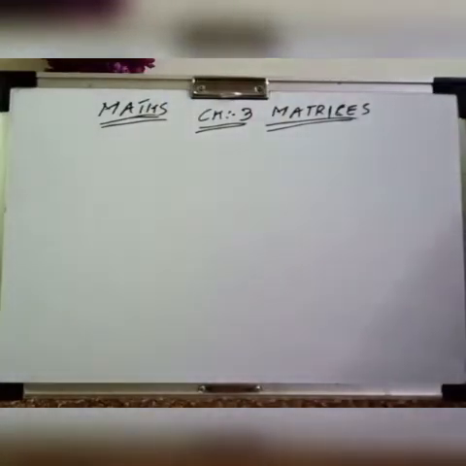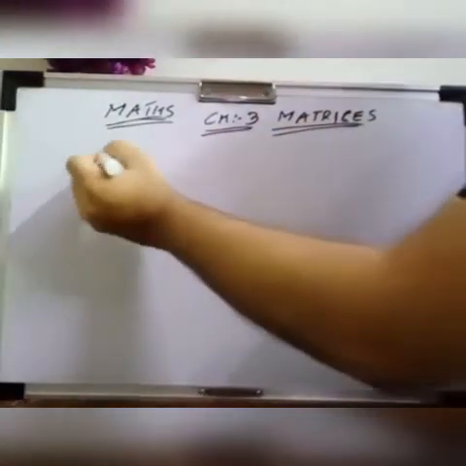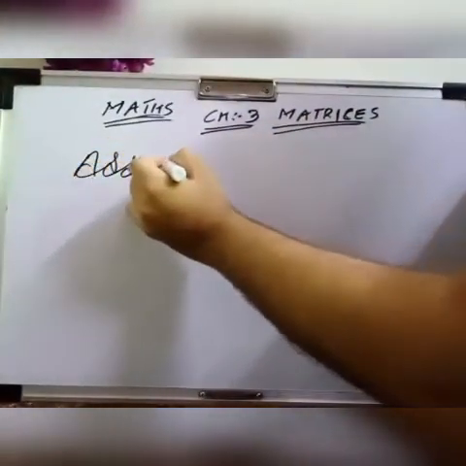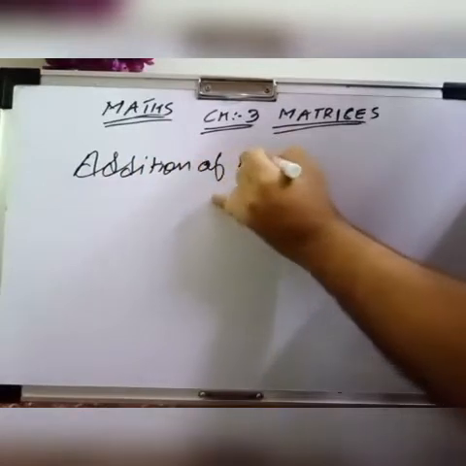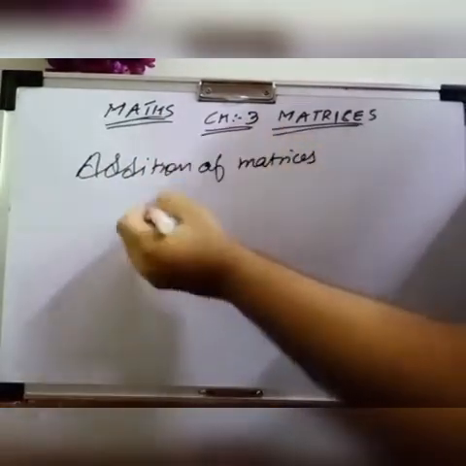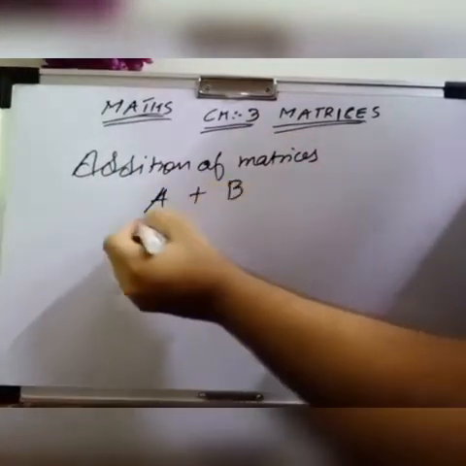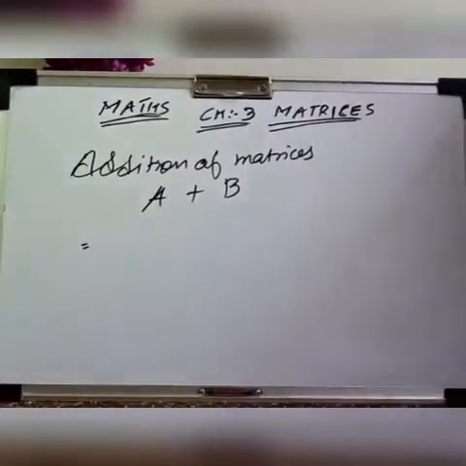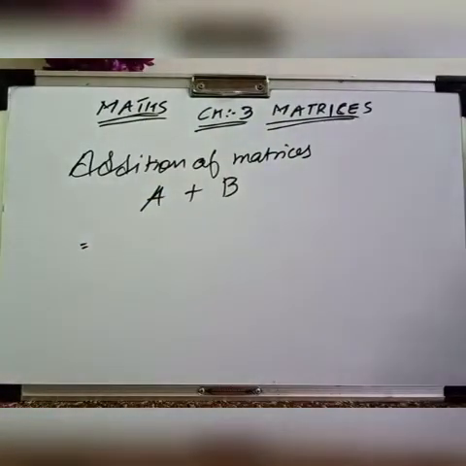Let's understand first addition of matrices. Here if I want to add matrix A plus matrix B, then you should have the same order. Means if A is a 2 cross 2 matrix, then B should also be a 2 cross 2 matrix only.